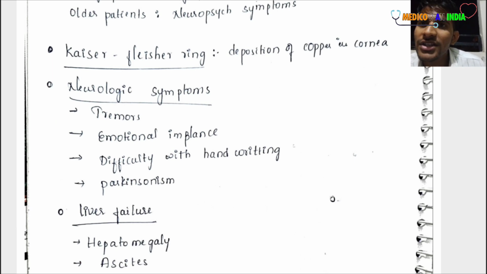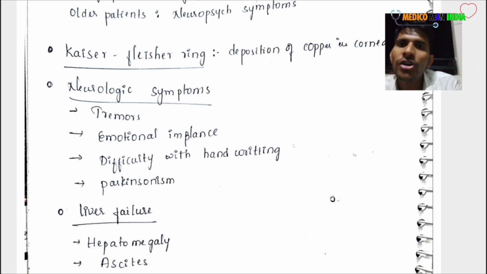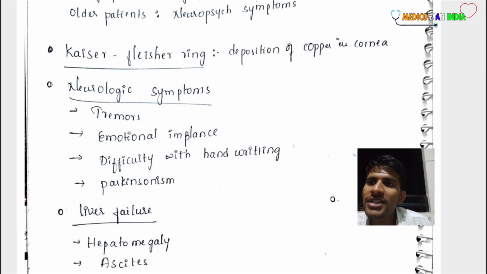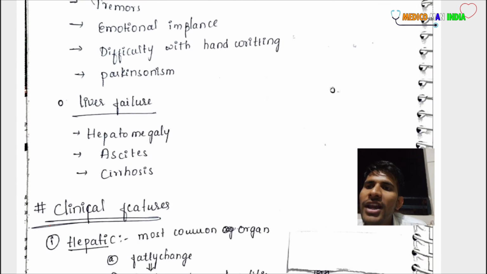Kayser-Fleischer ring is the deposition of copper in the cornea. Remember, I will add a picture of the Kayser-Fleischer ring at the end of this video. Please watch it. The neurological symptoms are tremors, emotional imbalance, difficulty with handwriting, and Parkinsonism. And the symptoms of liver failure are hepatomegaly, ascites, and cirrhosis.